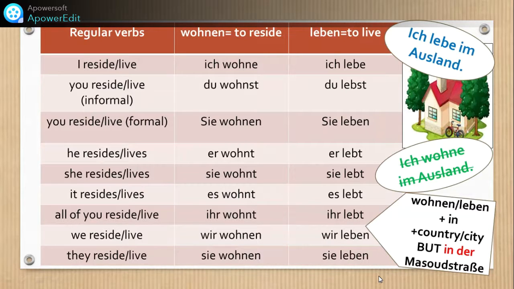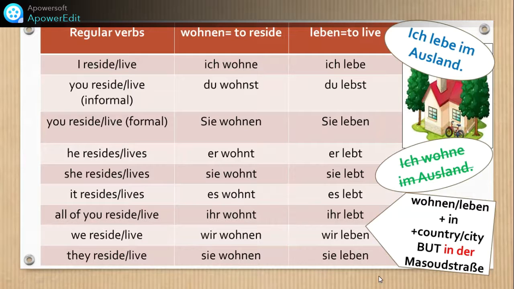Now the verbs wohnen and leben can be used interchangeably to mean living in some place. But these two verbs can have a slight difference too. How? Well, wohnen is in the sense of residing somewhere only.